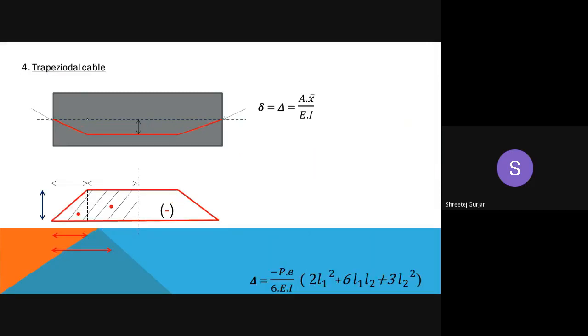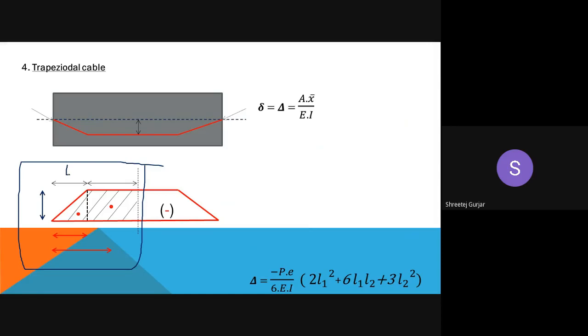So you have a double bent tendon, a double slope tendon. Now you have to calculate this area, which we have divided into two areas: this is your triangular area, and this is your rectangular area.